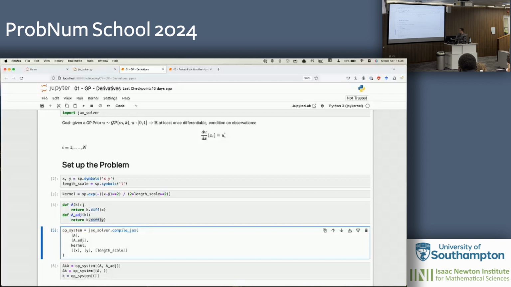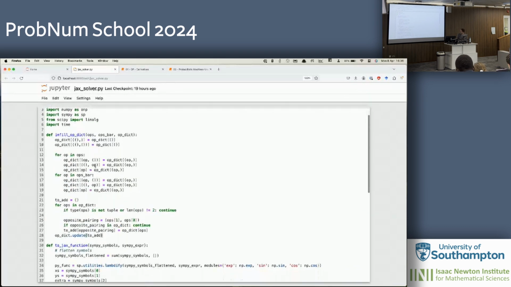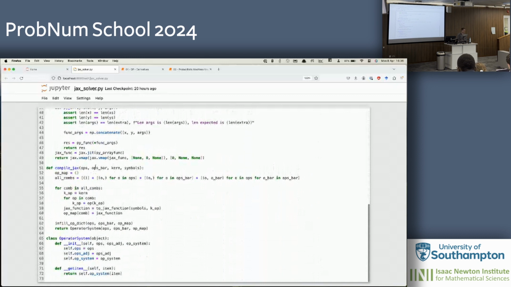This takes A and A adj and applies them using SymPy to compute the symbolic representation of that derivative, then compiles it through JAX to give me something that I can actually evaluate in code. I say it's non-trivial, but the code is only 70 lines, so it's only slightly non-trivial.